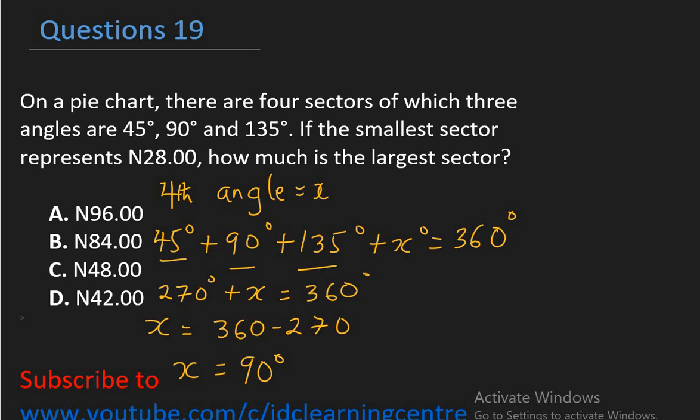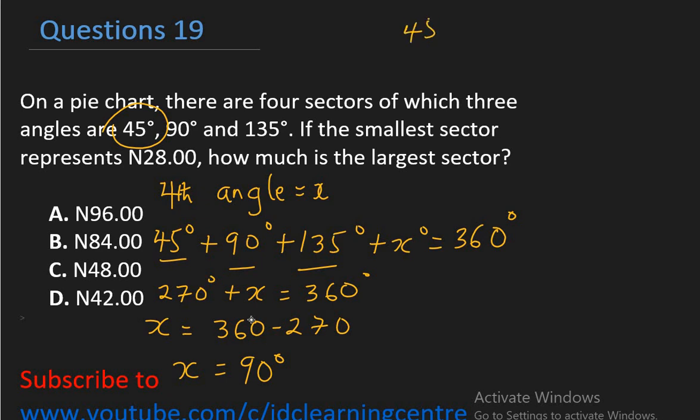The question says, if the smallest sector represents 28 naira, how much is the largest? What is the smallest? The smallest is 45 degrees.